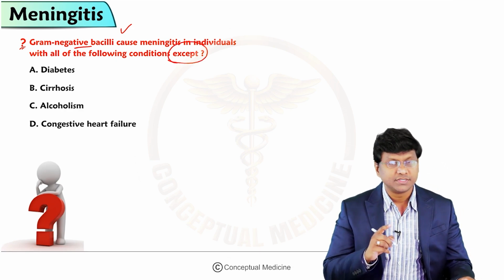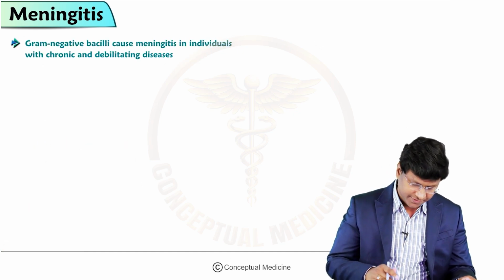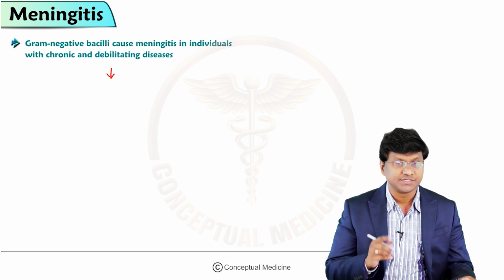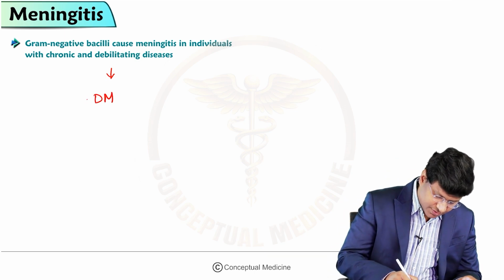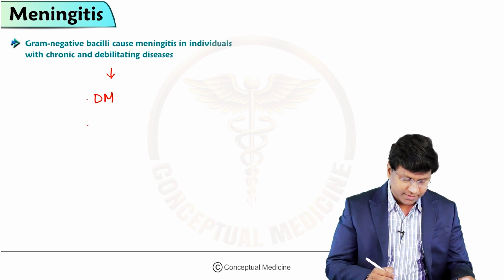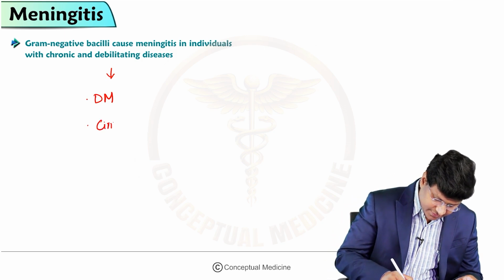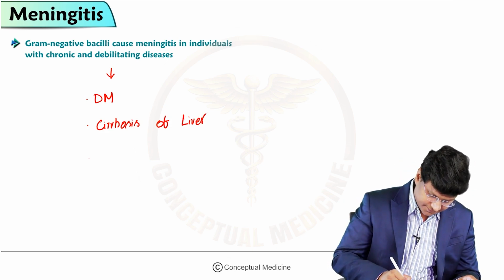Let me tell you, the group of individuals who develop meningitis by the gram-negative bacilli, okay? So, these particular clinical conditions include, number one, diabetes mellitus. So, diabetics are more prone to meningitis by gram-negative bacilli. Then cirrhosis of liver.